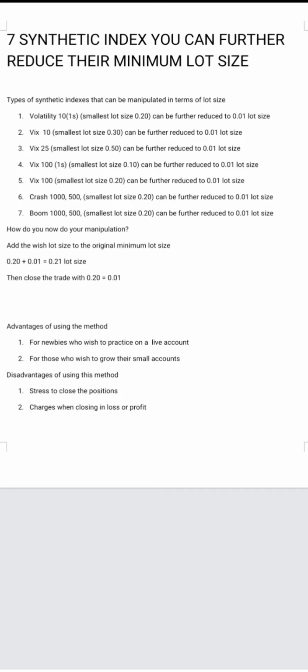So for people who wish to practice on live accounts, they can use this method. They can use this reducing of the minimum lot size. They can still reduce it further.